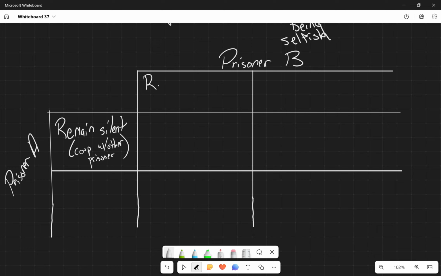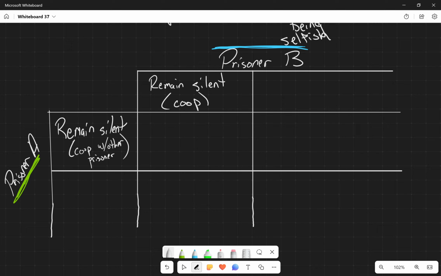So if they were to remain silent by cooperating with the other prisoner, and let's do different colors, probably be good. Let's have prisoner A be green, and we'll have prisoner B be blue. And prisoner B also has the choice that they can remain silent or cooperate with the other prisoner.